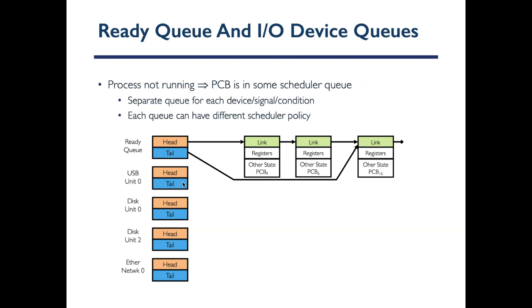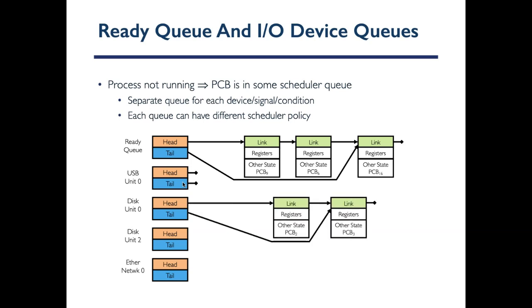You don't necessarily need to have a linked list to store them, but this is just to give you an idea. Now you could have nothing waiting for USB. You could have, again, 2 PCBs waiting for disk to get an answer, and so on and so forth.